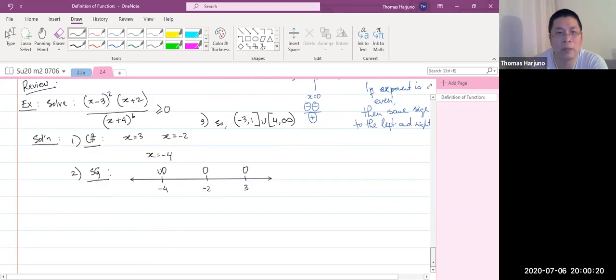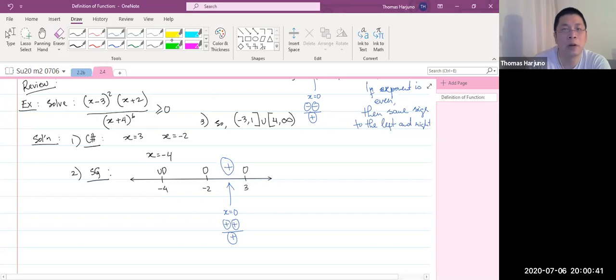So then let me check the y-intercept when x equals 0. I'll get positive, positive. So that's positive. Now for critical number x equals 3, the corresponding factor is x minus 3, whose exponent is 2.